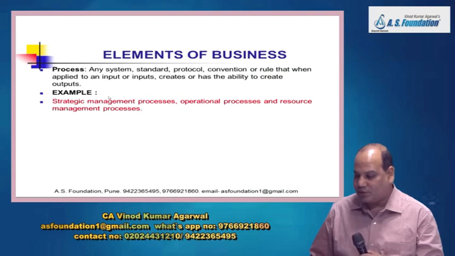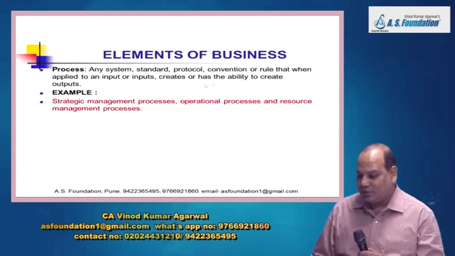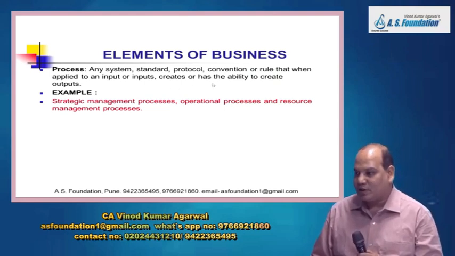Now write down some examples of process. These definitions are very general, so you can always debate on some aspect and say whether it is a process or not. Strategic management process, operational processes.